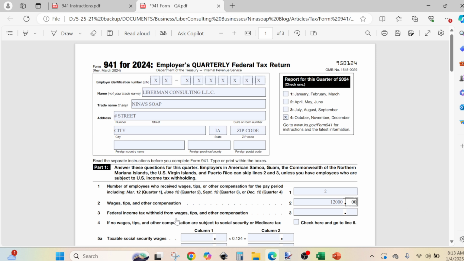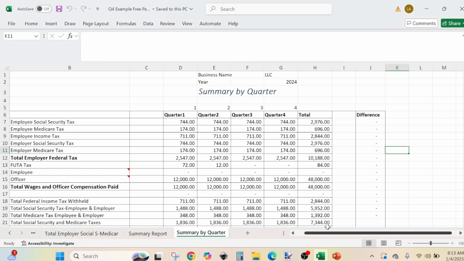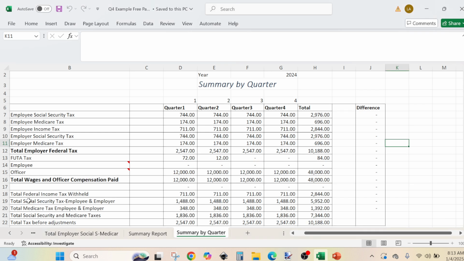Federal income tax withheld from wages, tips, and other compensation, again in relation to the quarter you are filing for. So we'll go to our payroll record. Total federal income tax withheld for quarter 4 is 711.